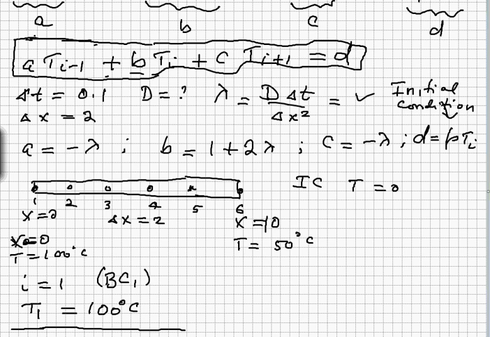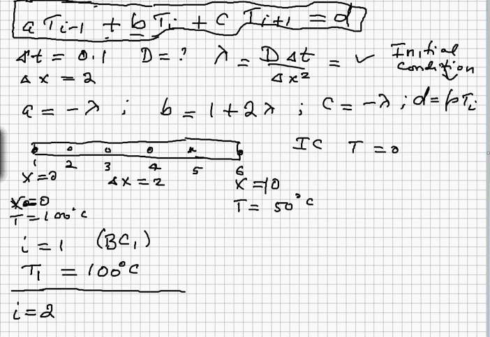So from that expression, if I substitute I equal to 2, I should get A times T1, because I equal to 2, 2 minus 1, T1, plus B times Ti, I equal to 2, plus C times T3, equal to D. Okay, so I can write this equation.